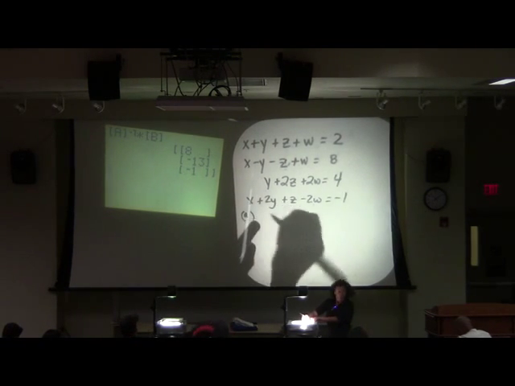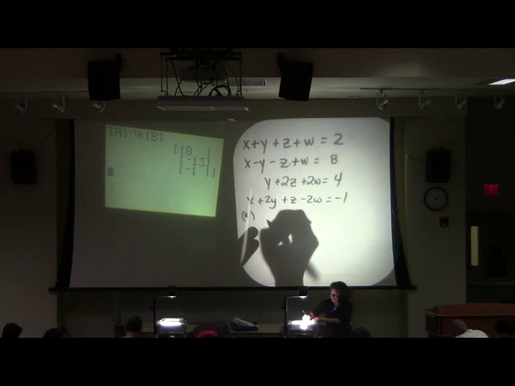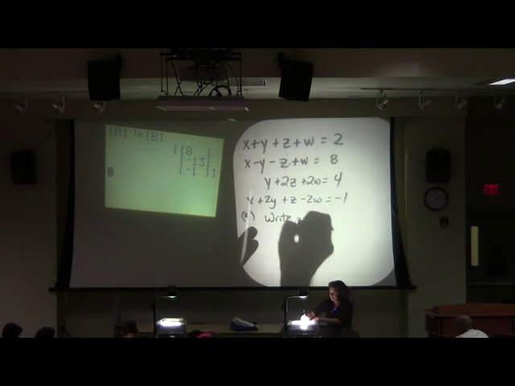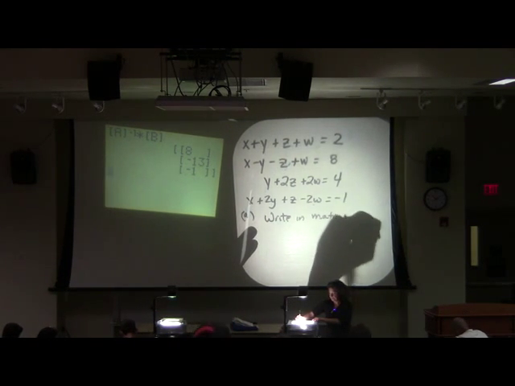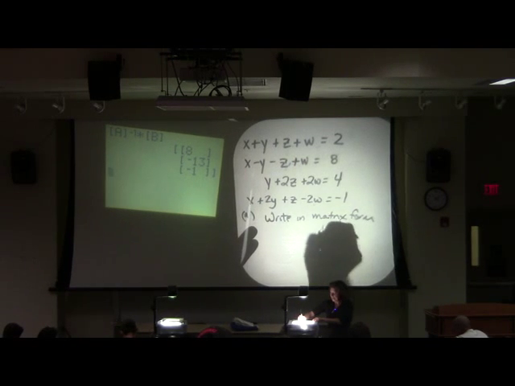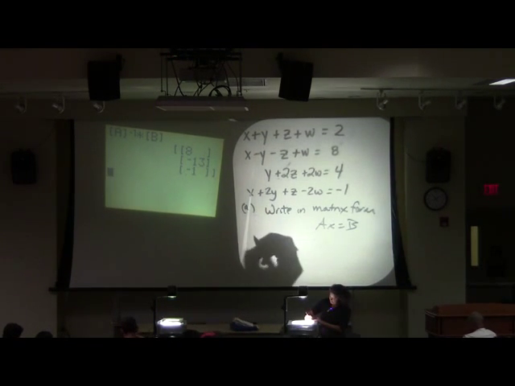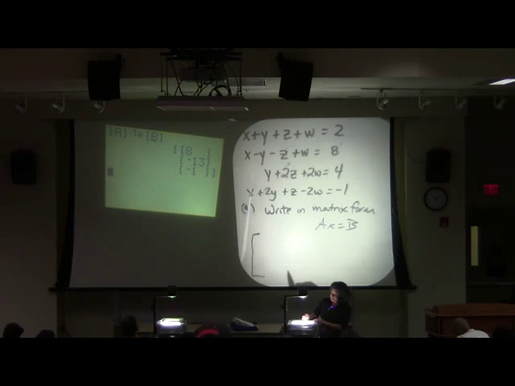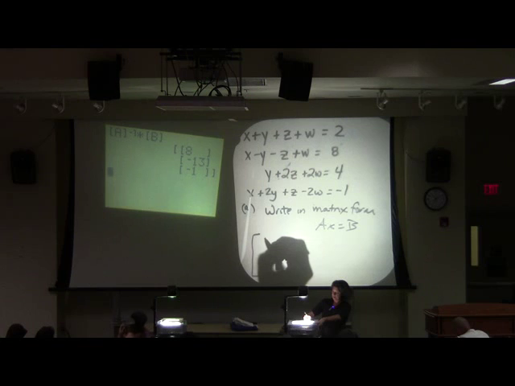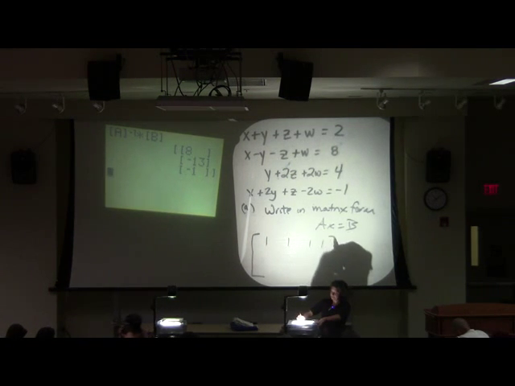All right. Part A, whenever I ask you guys to do these, is write in matrix form AX equals B. Can we do that? Absolutely. Okay? My matrix A, tell me what my first row is going to be. 1, 1, 1, 1.